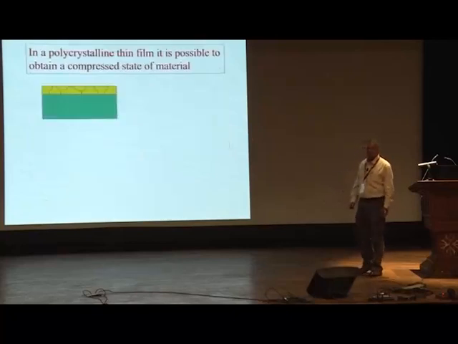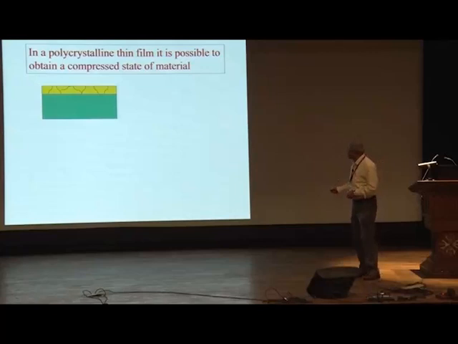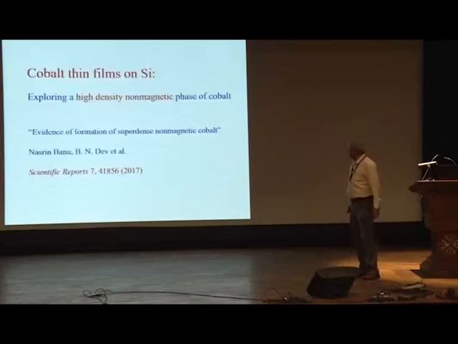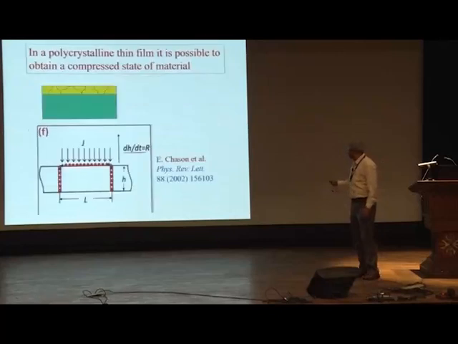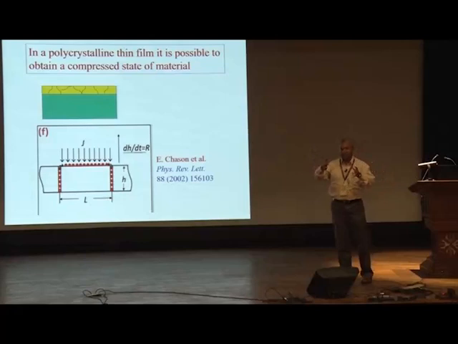Now, can there be an alternative to going under high pressure? This is an example that I showed. If you have a polycrystalline thin film, there is a possibility that while you are growing the thin film by physical vapor deposition, the atoms can go into the grain boundaries and create a pressure on the grains. That is how you can have a higher density of the material.